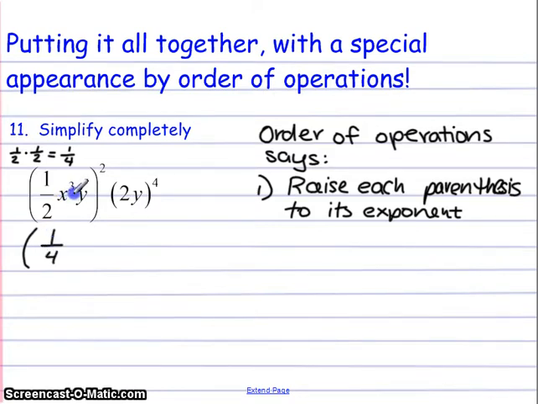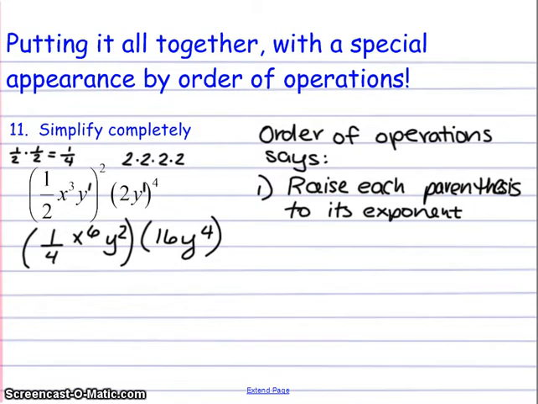And then I have x cubed to the 2nd, so I multiply my exponents and get x to the 6th. Y is like a 1, so 1 times 2 is 2, so we have y squared. In the second parentheses, I have 2 to the 4th, so 2 times itself 4 times is 16. And then y to the 1 raised to the 4th is simply y to the 4th.